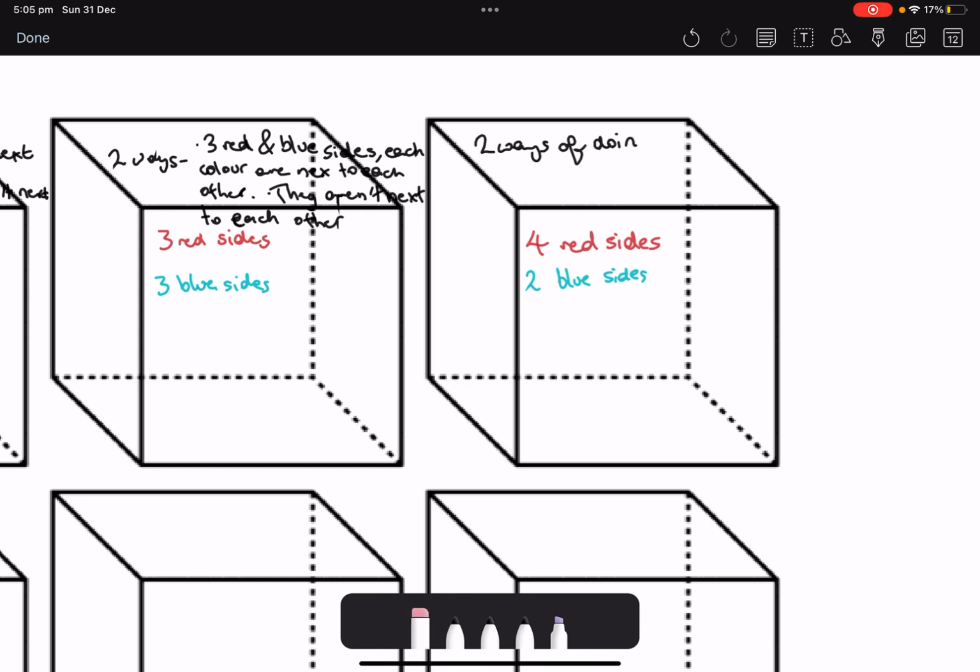The 2 blue sides could be next to each other, or the 2 blue sides aren't next to each other.